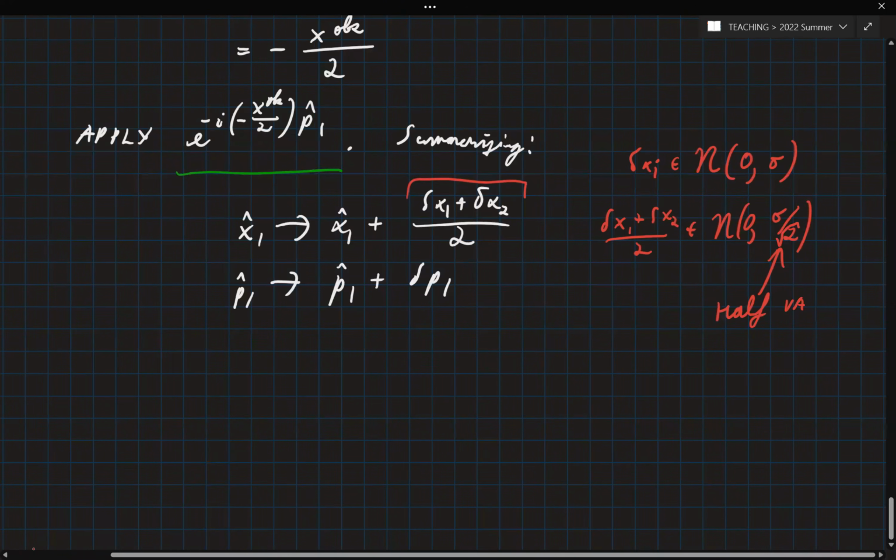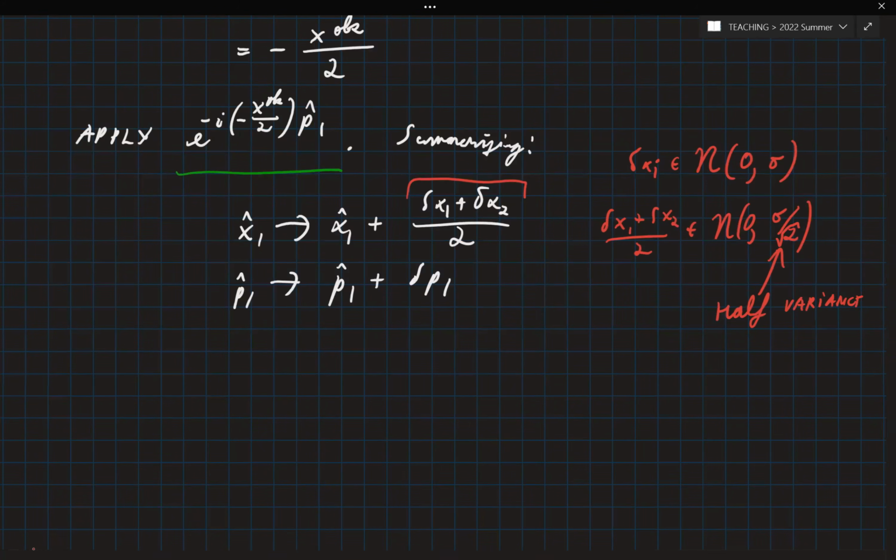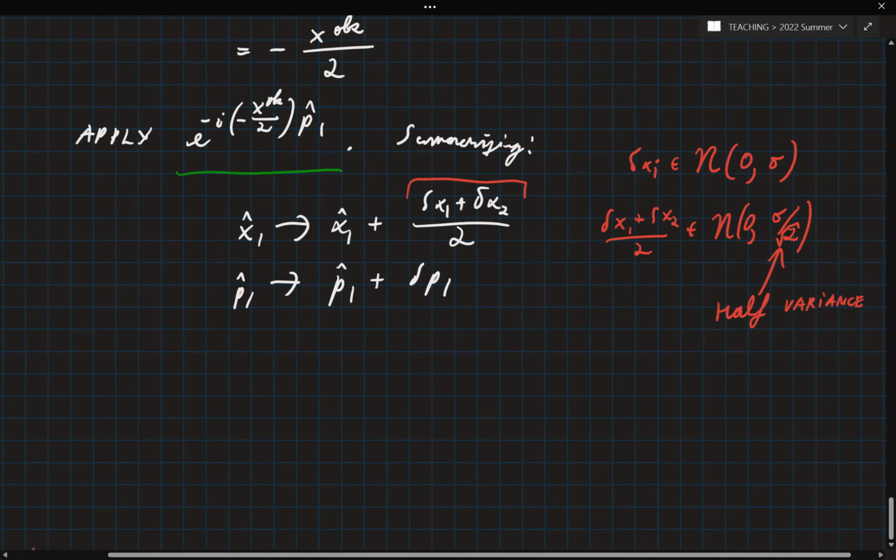Half of the variance. Is there a similar approach to mitigate delta P1, the momentum? Yes, yes. This is the simplest example that people have thought of, and similar approaches allow you to do the same thing for both quadratures.